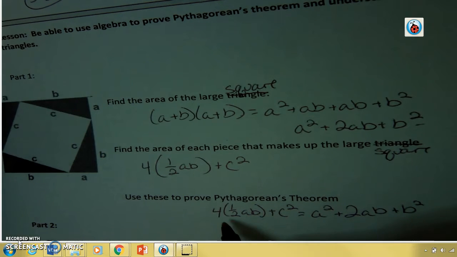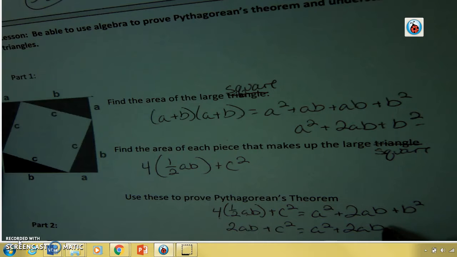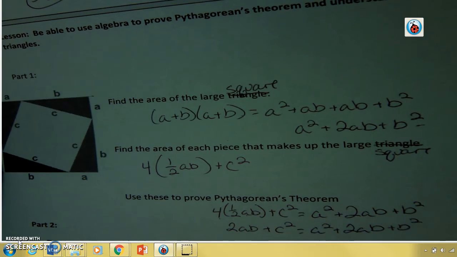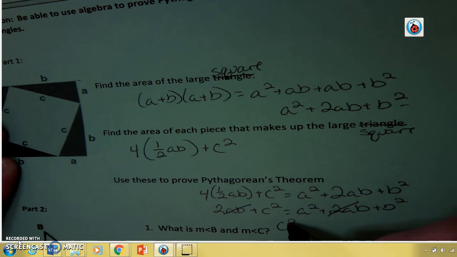Okay, well, I bet I can simplify that. That becomes 2ab plus c squared equals a squared plus 2ab plus b squared. If I get rid of the 2ab on both sides, I get c squared equals a squared plus b squared.